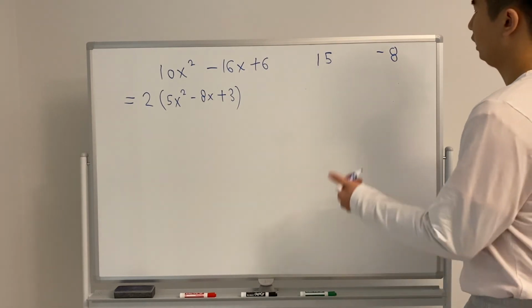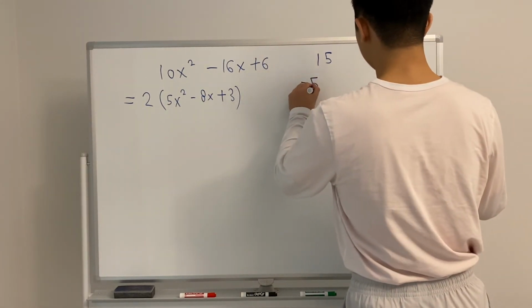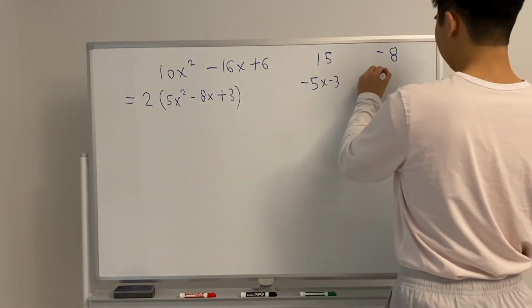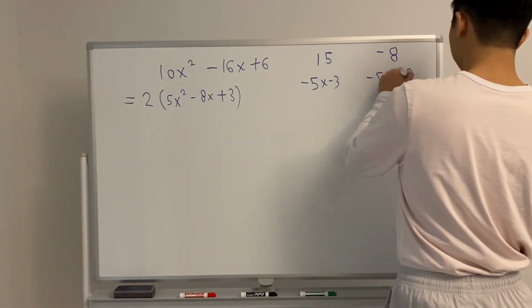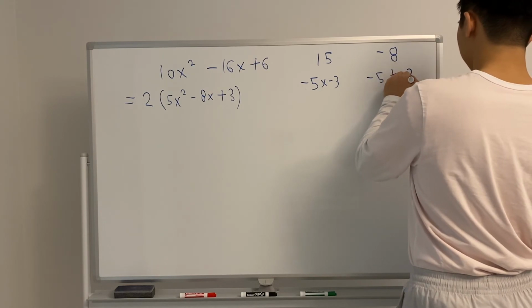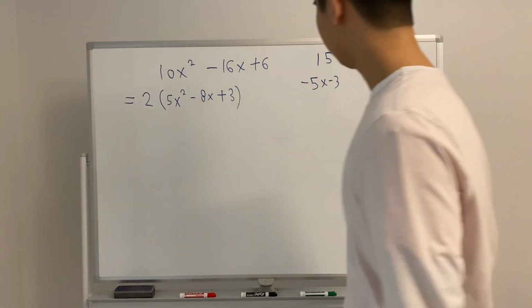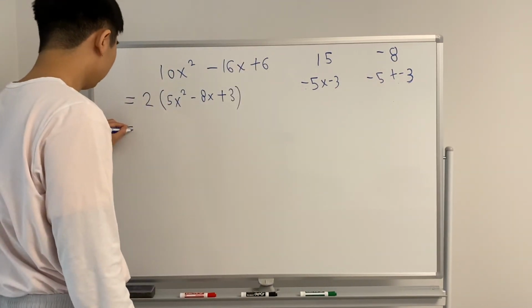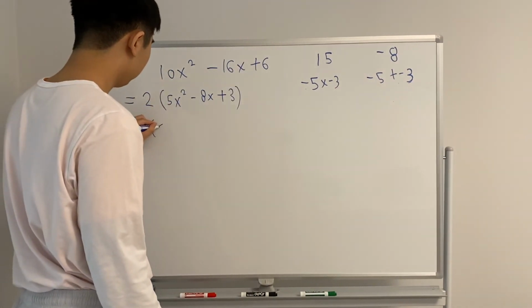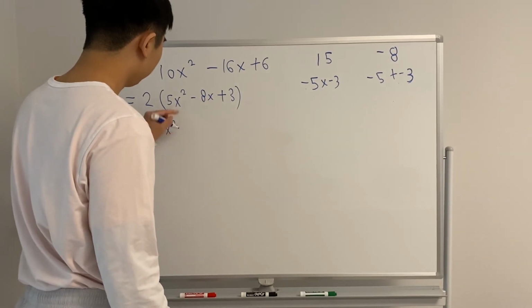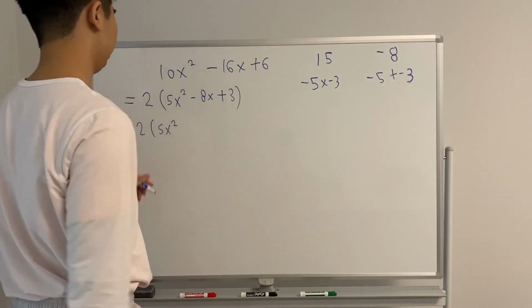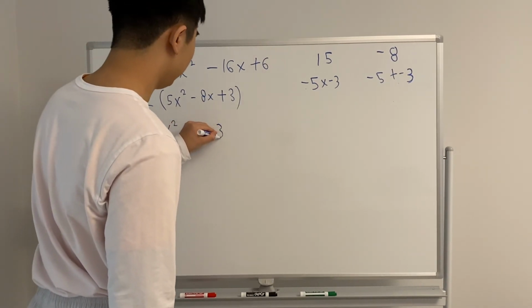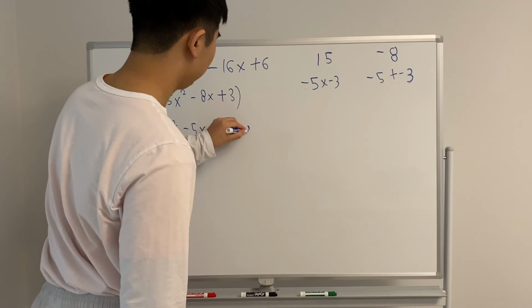Negative 5 and negative 3, because negative 5 times negative 3 is positive 15, and negative 5 plus negative 3 is negative 8. Once we have these two numbers, we split the b value up into those two numbers. So now we have negative 5x minus 3x and then plus 3.